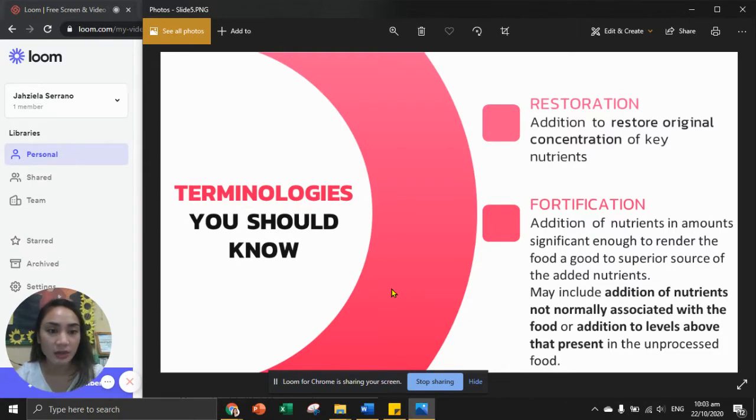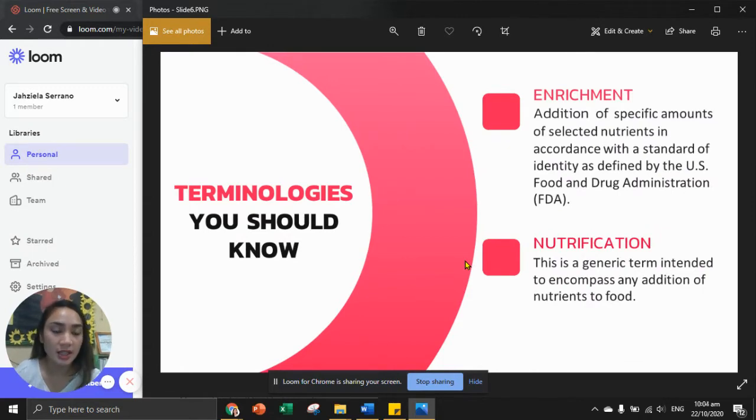So dito, meron lang addition of nutrients. This may include addition of nutrients na hindi normally associated with the food, or pwede ring addition of nutrients to specific levels above kung ano yung present sa unprocessed na food.